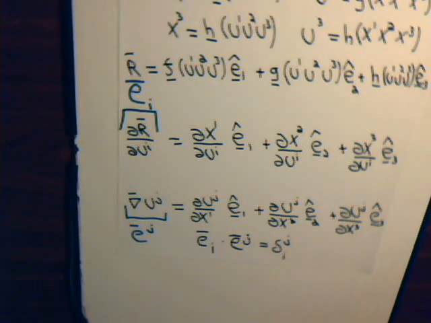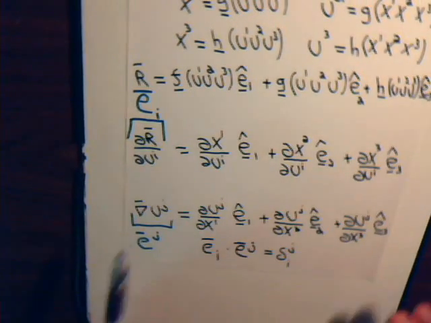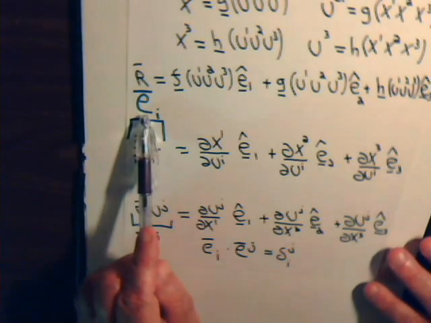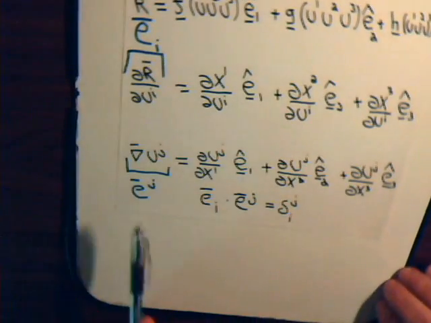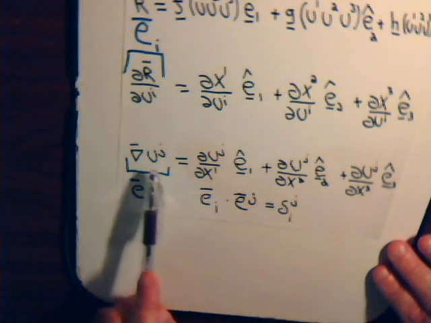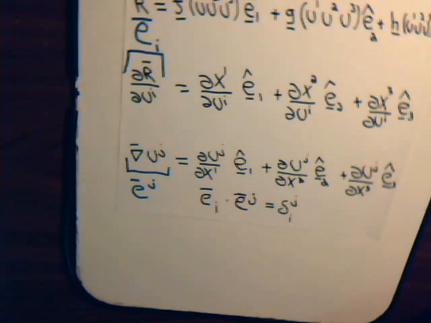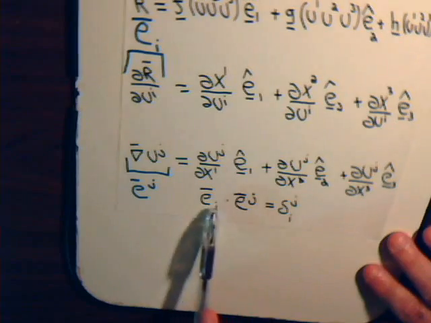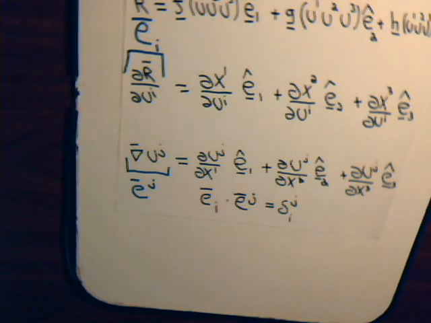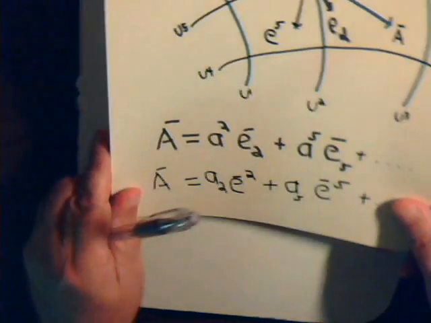Then what we showed in video number 9 is that if we take the dot product of the tangential vector with the new ones that we created by taking the gradient of each curvilinear coordinate, they're orthogonal to one another.